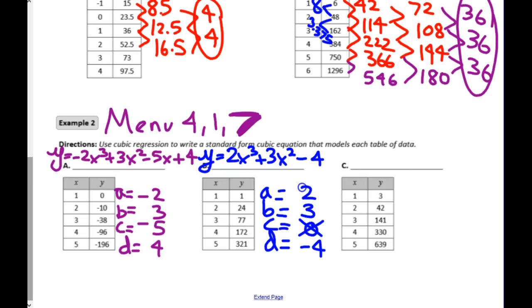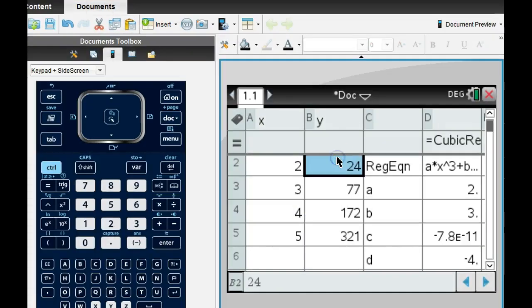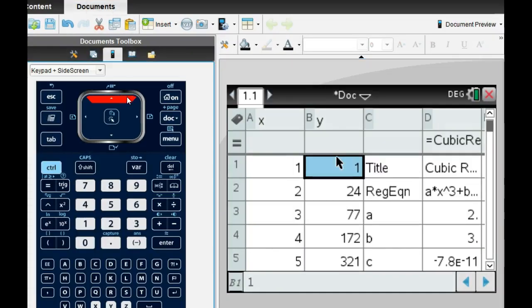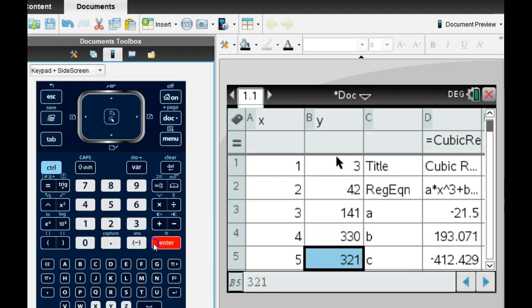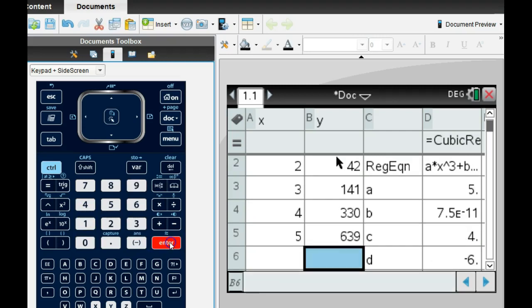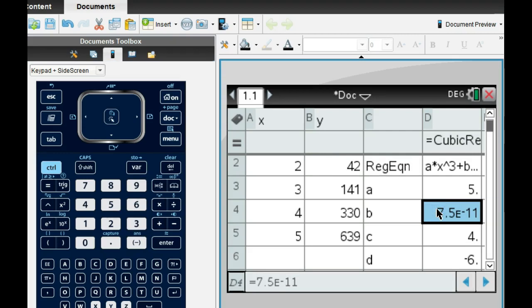Now, letter C, same idea. So just go in here, change these numbers to 342, 141, 330, 639. Okay. A is 5. B is what? 0. C is 4.